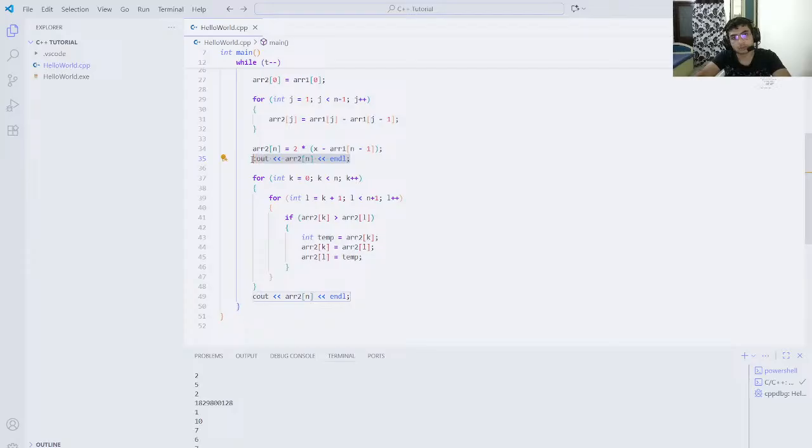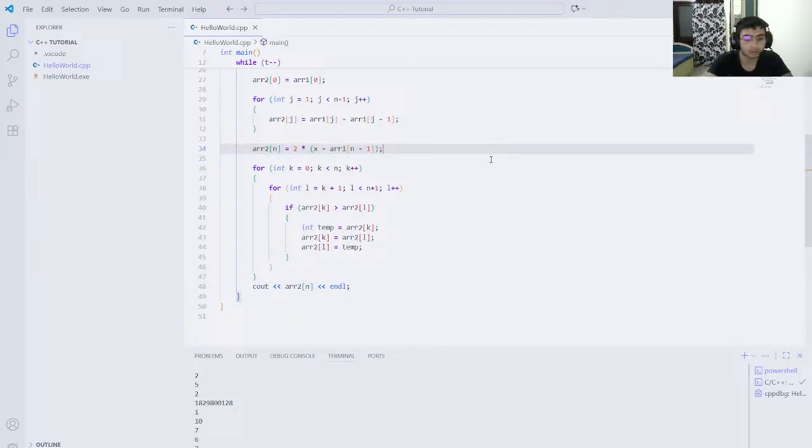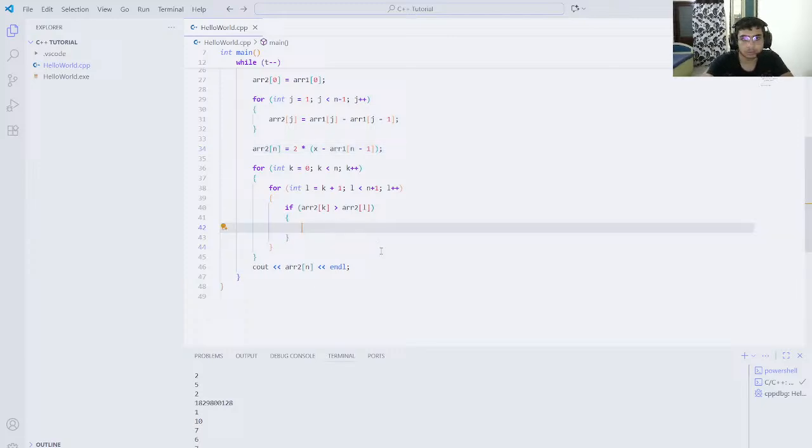Oh, I think I should remove this because it might just be giving that. Let's try to submit it again. If I do this, will it change anything?